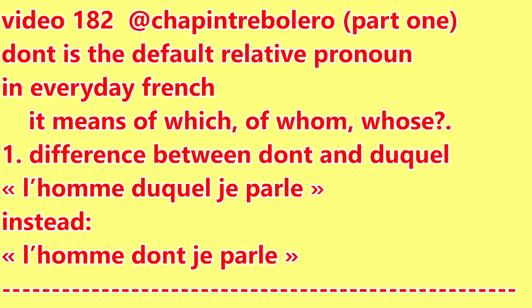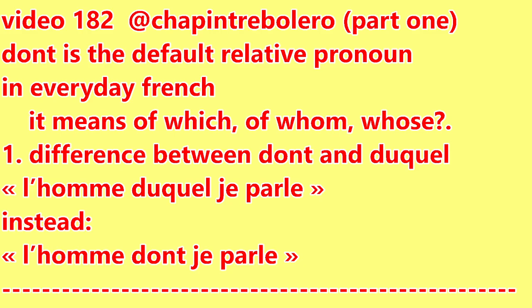Video 182, part 1. Part 1, my friends, because we're going to be using a relative pronoun. A relative pronoun is a word which makes a connection between someone or something and an action, a verb, right?